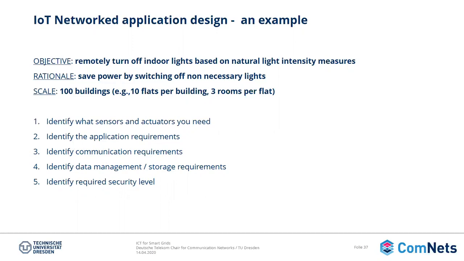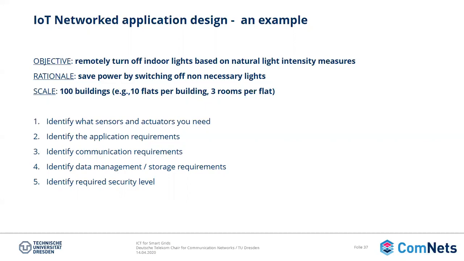But on the level of the size of the network, if you have 100 buildings, can you do such a network with your home Wi-Fi network, for example? Probably you need a bigger network. Exactly. So you need a bigger coverage.